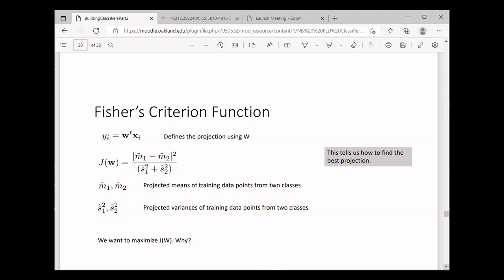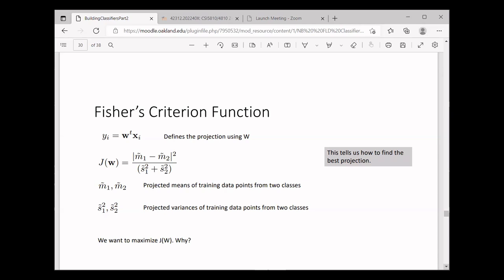So let's look at this criterion function J(W). For these projected points to be far away from each other, what you would like to have is that the numerator, m1 minus m2 squared, should be as large as possible, because the two means should be far away from each other. So you want the numerator to be as large as possible. How about the denominator?